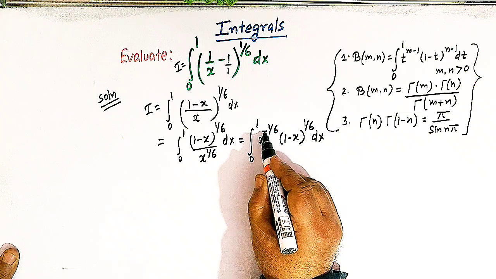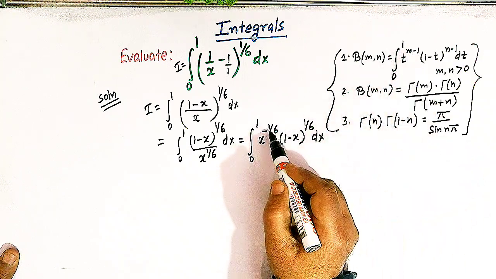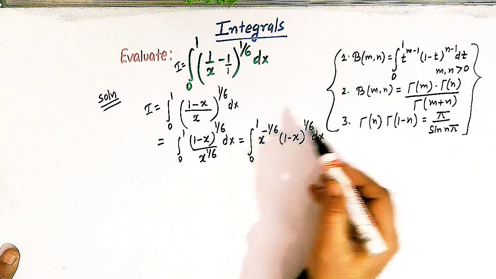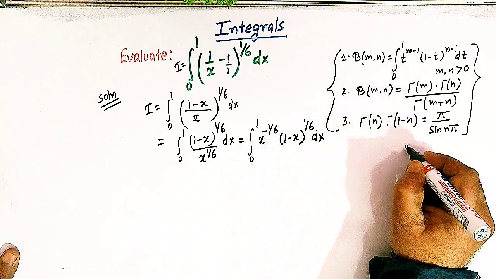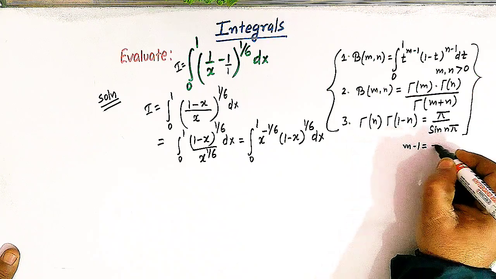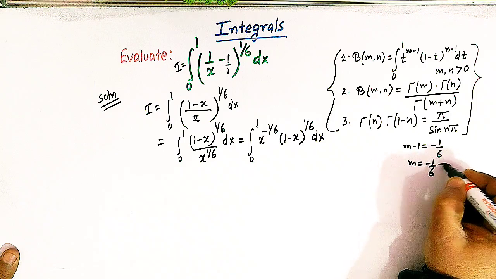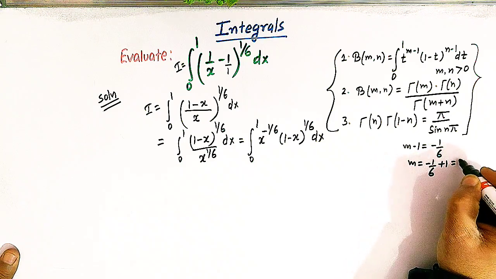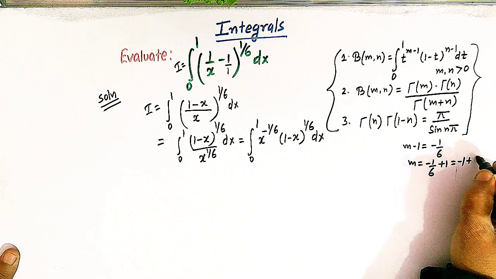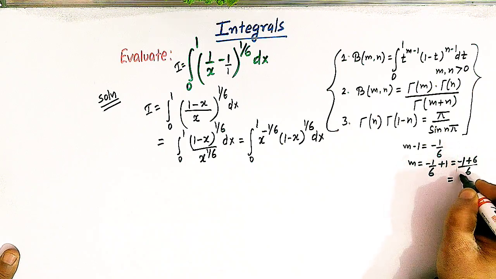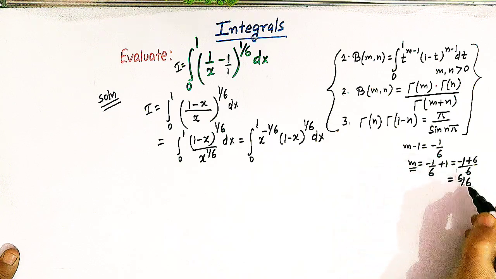Here we have minus 1 over 6, and in the definition we have t raised to m minus 1. If we compare minus 1 over 6 with m minus 1, then m minus 1 is equal to minus 1 over 6. So m is minus 1 over 6 plus 1, so this is minus 1 plus 6 over 6, which is 5 over 6. The value of m is 5 over 6.